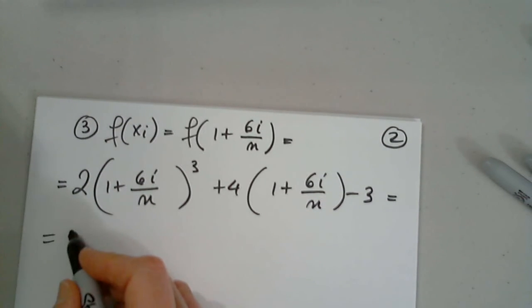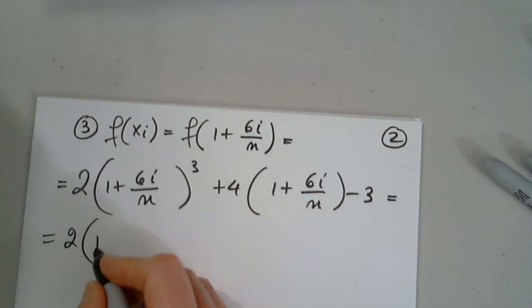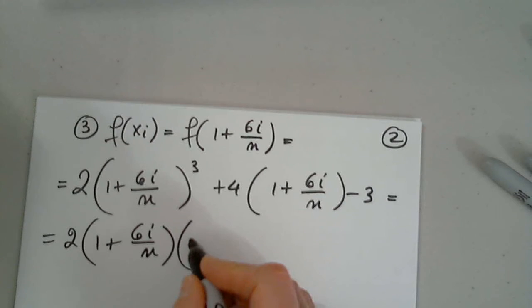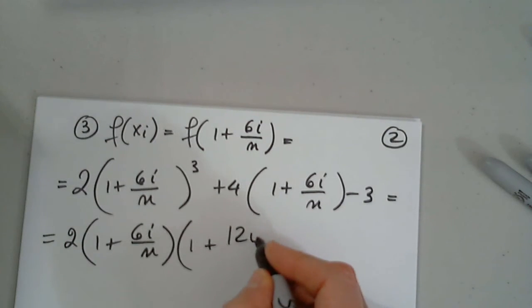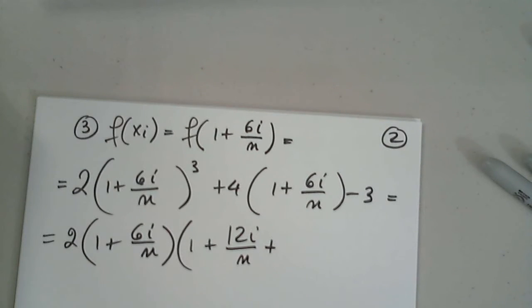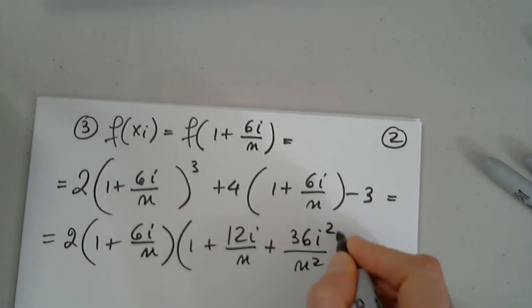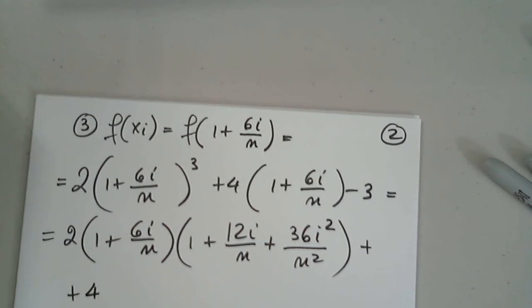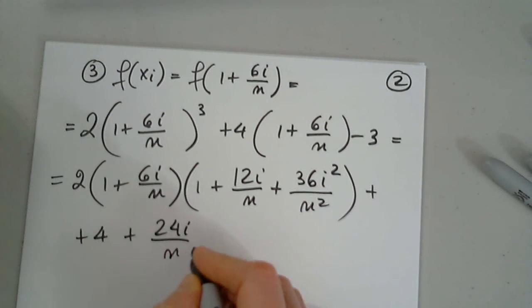Okay, so first I'm going to square them and then multiply again by another one. First term squared plus 2 times the first times the second plus 36i squared over n squared. Here I can distribute 4 plus 24i over n and minus 3.